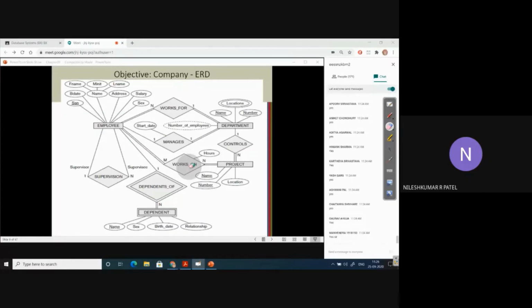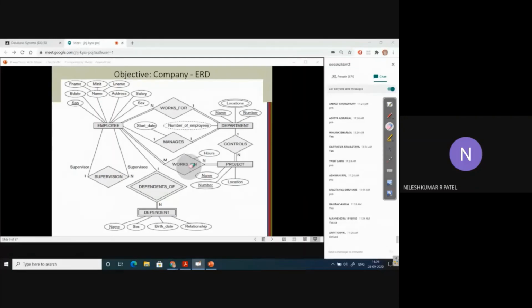I have explained cardinality ratio, participation, relationship symbols, identifying relationship symbol, and weak entity type also. But are you able to find one specific thing in this?